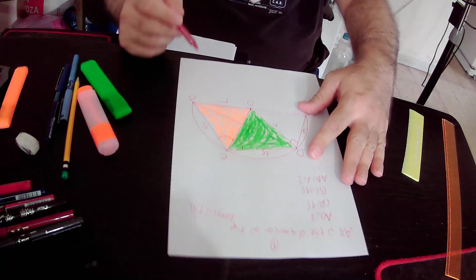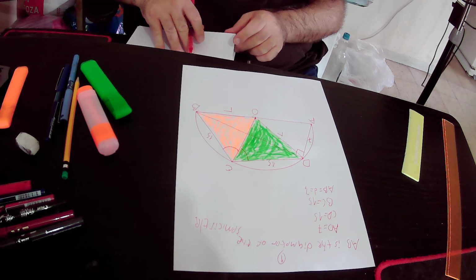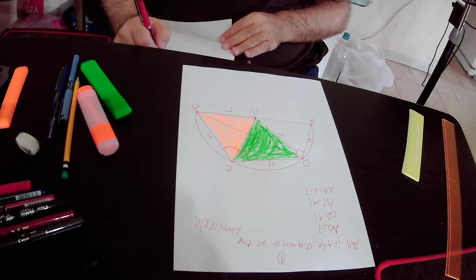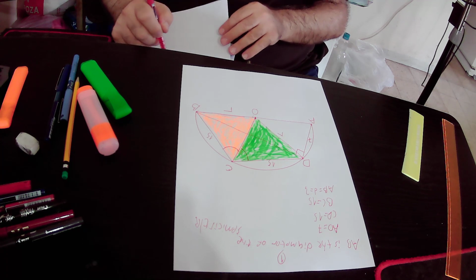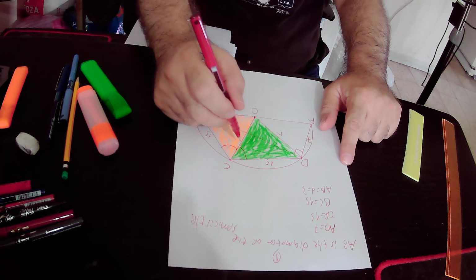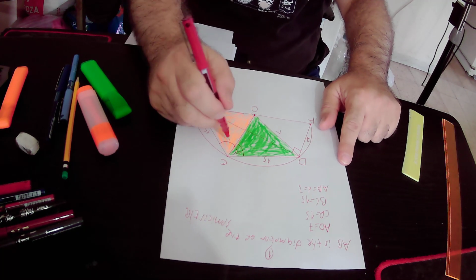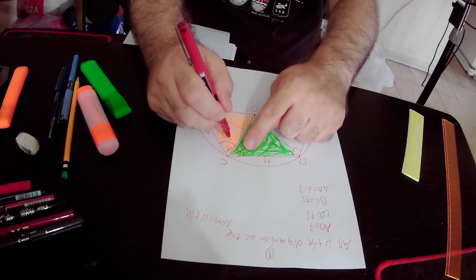Angle DCO in the green triangle is equal to angle OCB in the orange triangle, and if we define angle OCD as alpha, then angle OCB will also be equal to alpha, because those two angles are equal to each other.